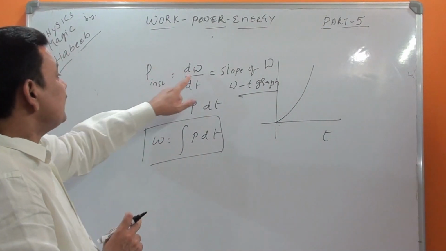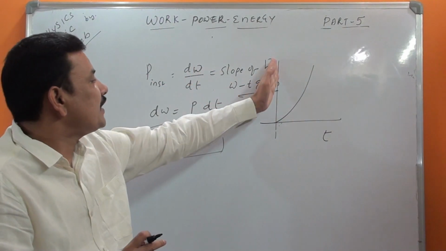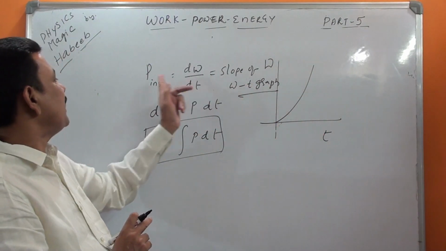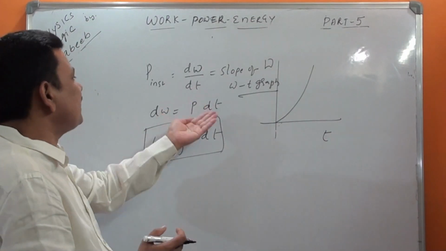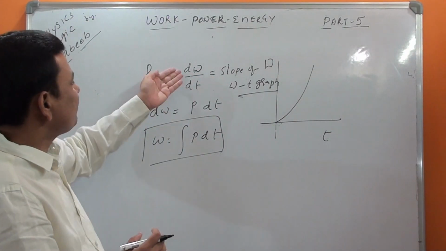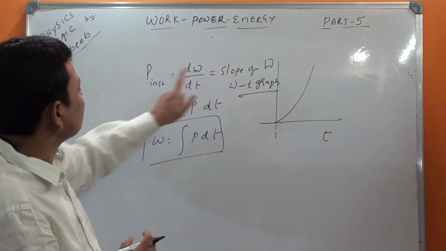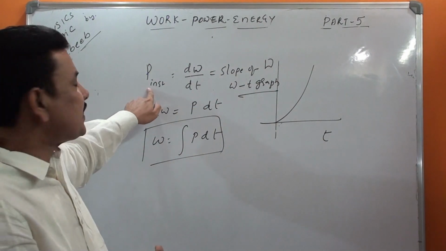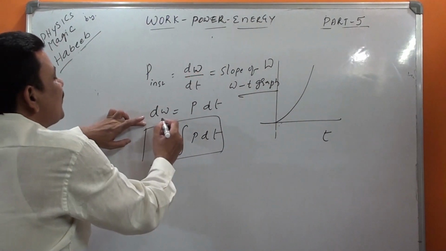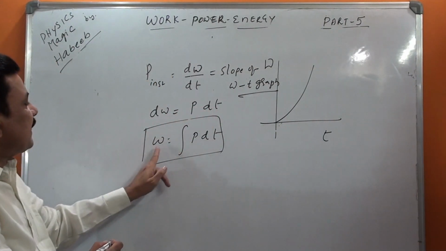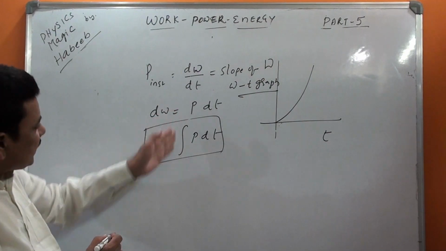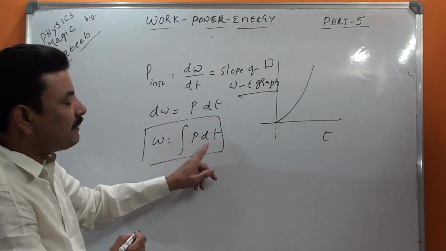Just remember, yesterday I told you that change in y component value by change in x component value is nothing but slope. So I wrote slope here. So the slope of the WT graph will give you instantaneous power. Now from here only I further extended: dW is equal to P dt. Then W is equal to, taking integration, integral P dt.